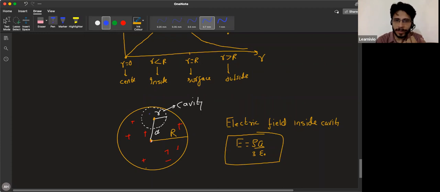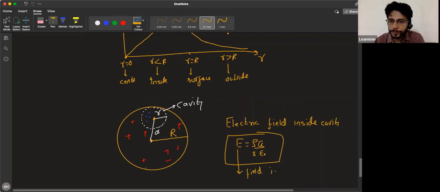If I take a point anywhere inside the cavity, this A will not change, which means if I calculate the field at any point inside the cavity, the expression of the field remains the same. So you can say that the field inside the cavity is uniform.